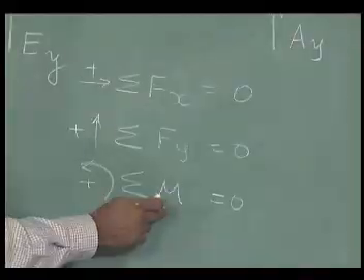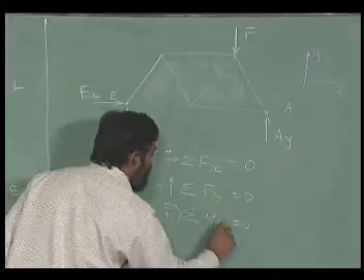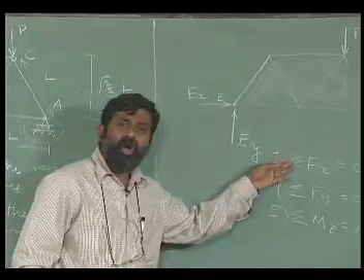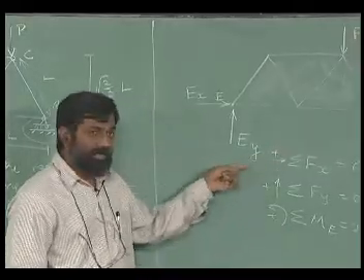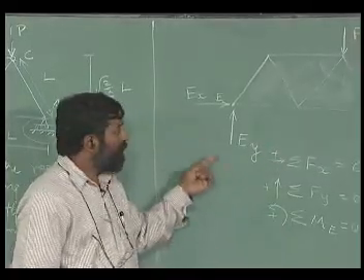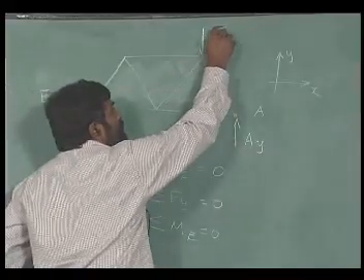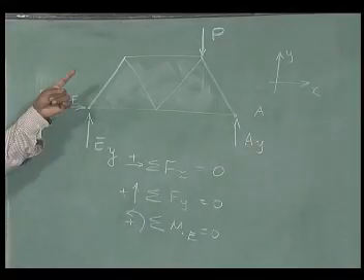This moment can be found with respect to any point. So let me just take it as moment about E for now. Okay, these are the three equations, or equivalent equations, that I need to use. I will get three equations. How many unknowns have to be found out? This is P, a force that is applied.